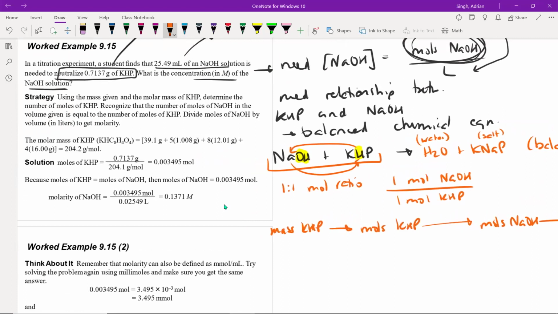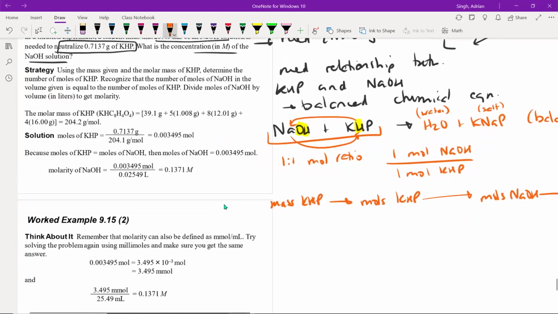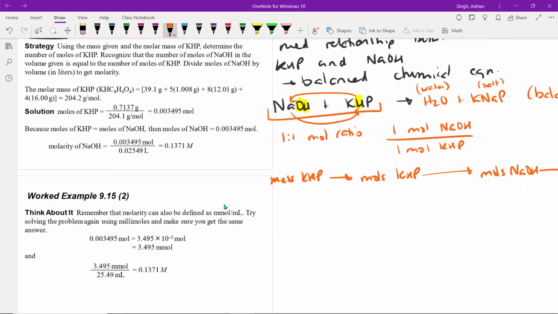All right, so we have our mass of KHP, which was 0.7137 grams of KHP. To get from mass to moles, we use the molar mass of KHP. So we look up the individual molar masses.